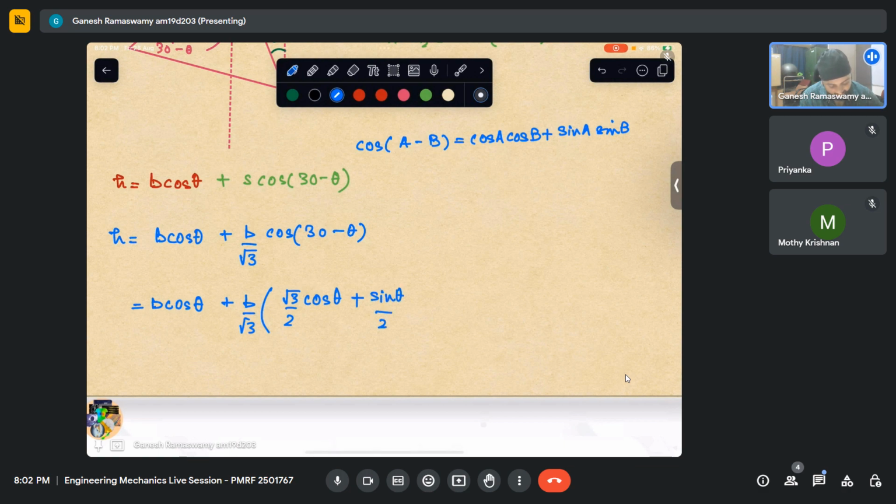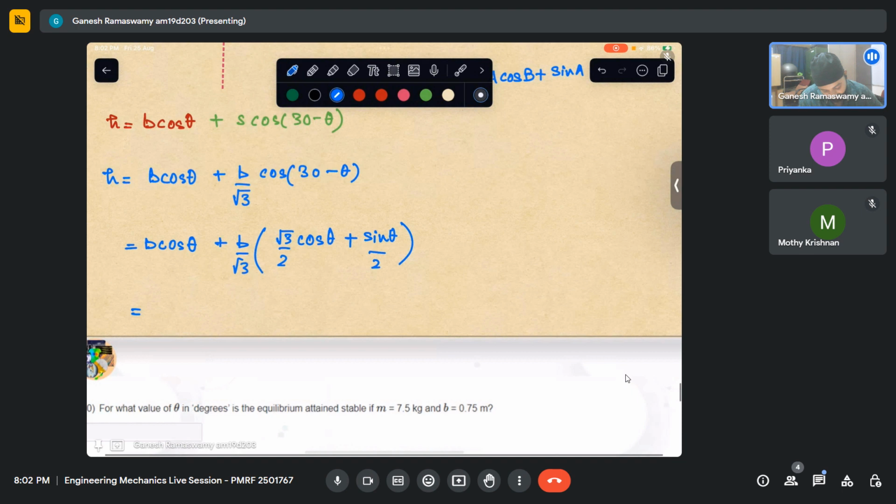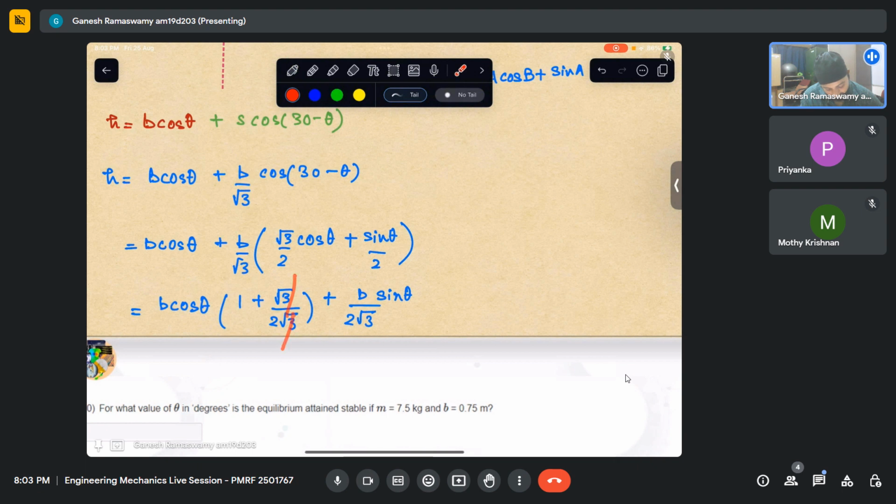And if I take b cos theta common, it will be 1 plus root 3 by 2 root 3, plus b by 2 root 3 sin theta. So these two get cancelled. So 1.5. So h comes out to be 3b by 2 cos theta plus b by 2 root 3 sin theta.